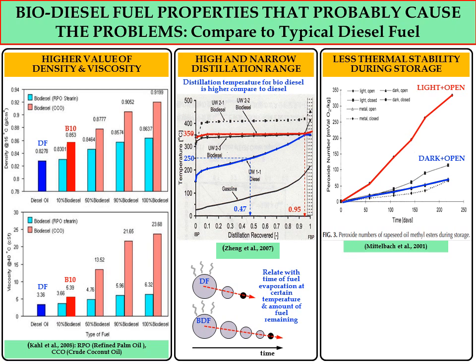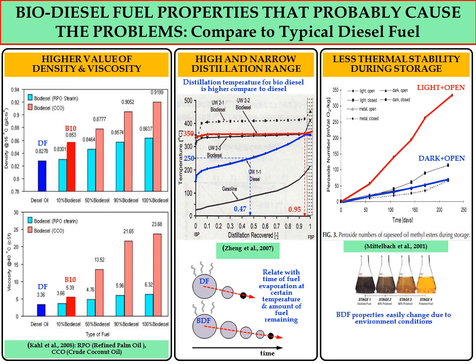We can see that the amount of peroxide number, or the oxygen content in the fuel, is higher for the light plus open condition compared to the dark plus open condition, where we can see that biodiesel fuel is easily affected in terms of oxidation by the environmental condition. Okay, so BDF, biodiesel fuel properties, easily change due to environmental conditions, such as the container material, room lighting, and the amount of air exposure to the biodiesel fuel.